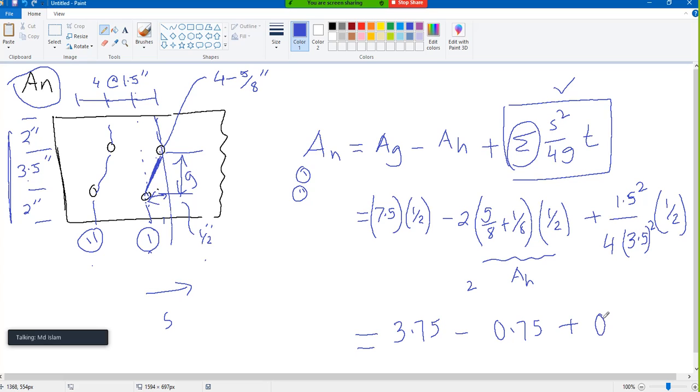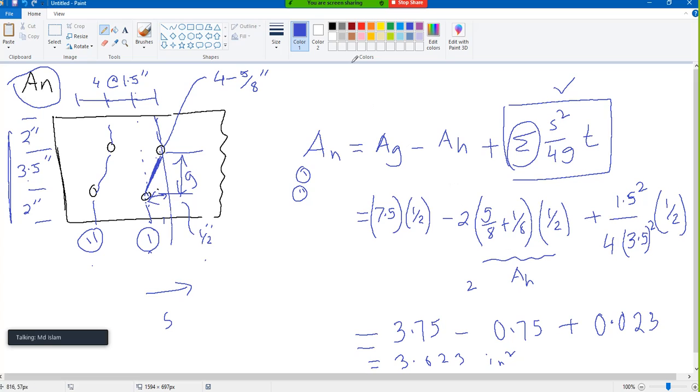That portion is very small, 0.023. You might get a different answer, but should be okay. I'm doing it carefully. I got 3.023 inch square. Now that is my net area considering this plane.